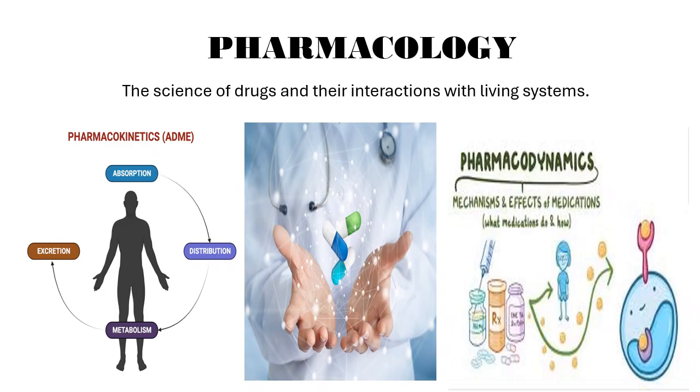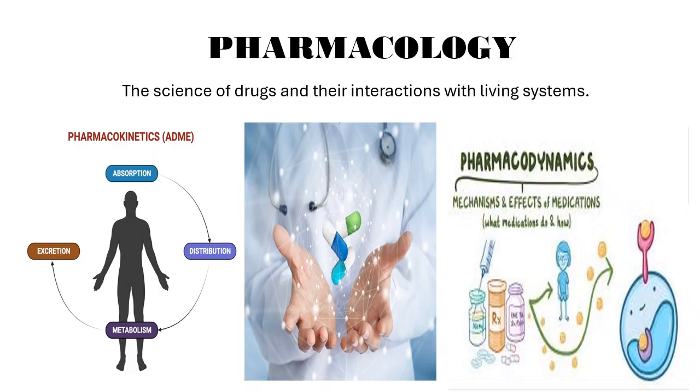Next comes metabolism: how the drug which is getting absorbed into our body is chemically altered after distribution. There are phase 1 metabolism and phase 2 metabolism, and many genetic factors have a role in this. Then next is excretion.